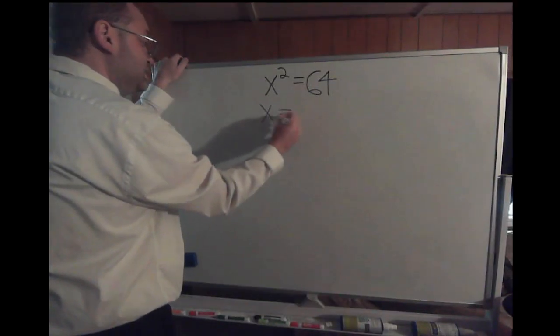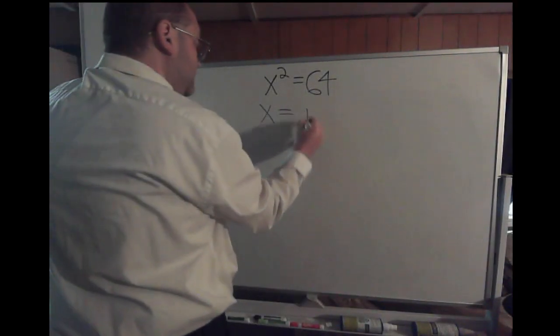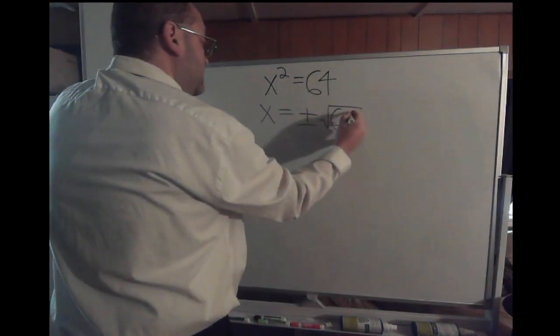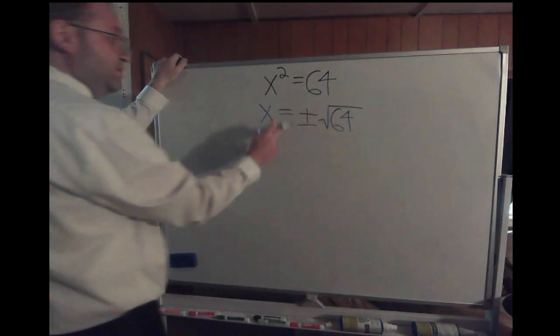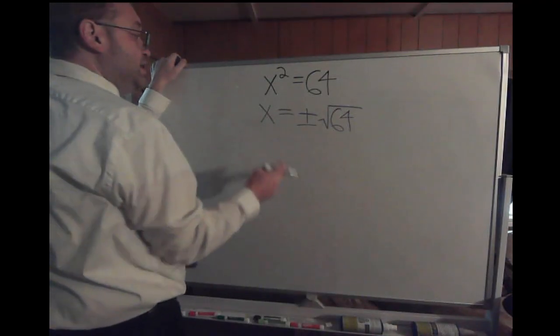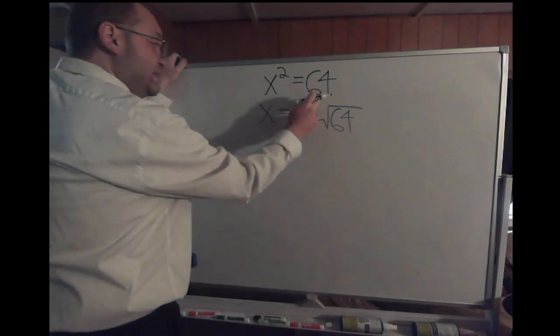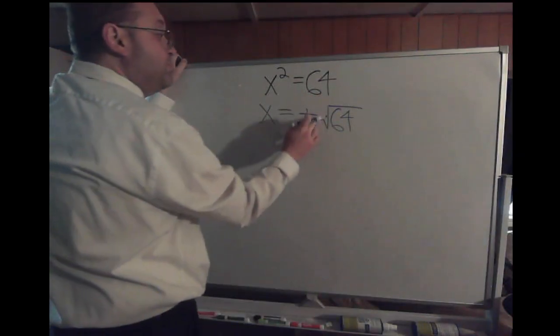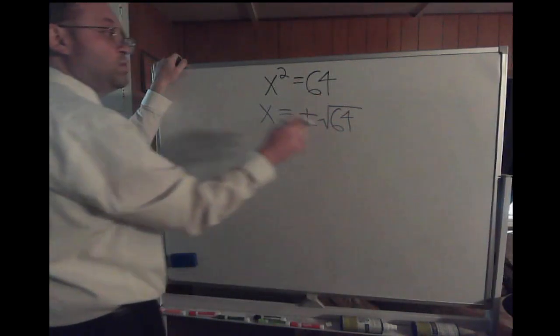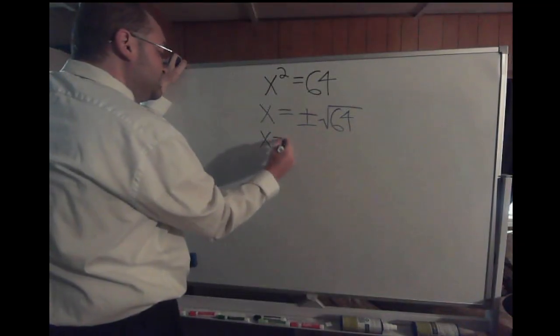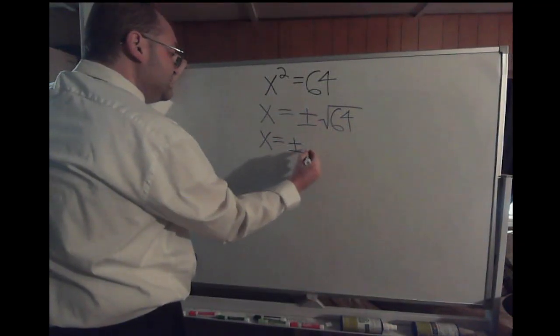You'll get x equals plus or minus the square root of 64. Because whenever you take the square root of x squared, on the right side with a number, you have to take both plus and minus the square root of the number on the right. So this would mean x is equal to both plus and minus 8.